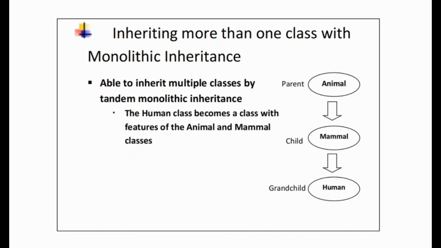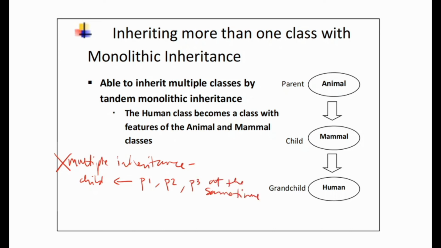As mentioned earlier, multiple inheritance is not allowed. When we say multiple inheritance, we mean that we want a child class to inherit from more than one parent, say 2 or 3 parents, at the same time. That is not possible. That is not allowed.